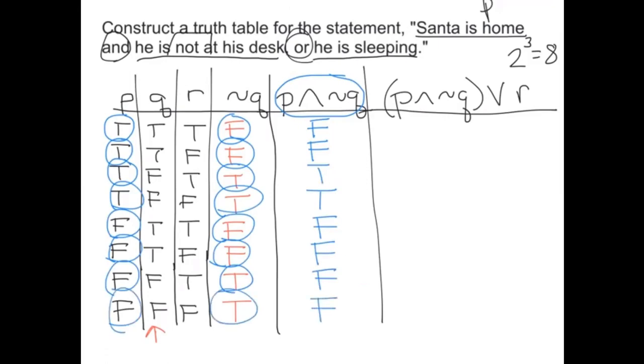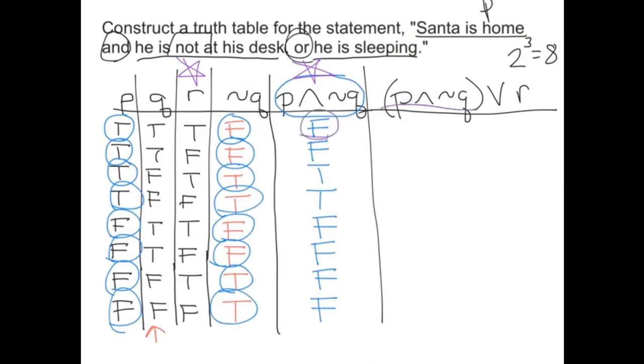Okay, now that I have the left side of the expression, I need to take the left side of the expression and the R column. So I need to take the P and not Q, and I need to take the R, and I need to do the disjunction, the or. Now remember, the or is only false if they're both false. Okay, so remember, you need to do the P and not Q first.